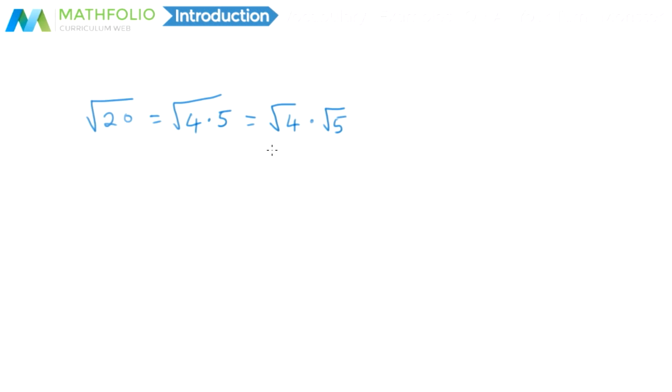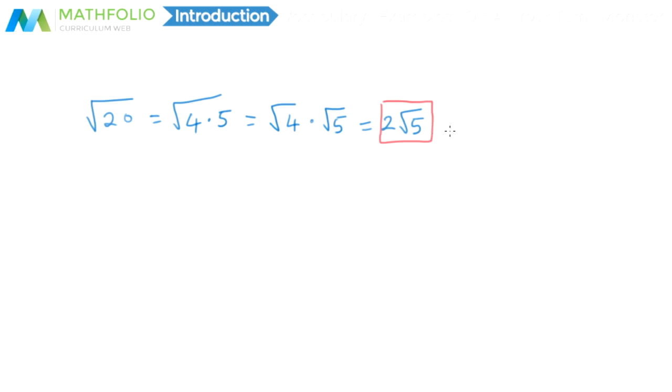Now the reason why this is kind of nice is because 4 is a perfect square, so we could rewrite this as 2 radical 5. Now 5 can't be broken down anymore, and we can't get any perfect square as a factor of 5. So this would be the simplified version of the square root of 20.